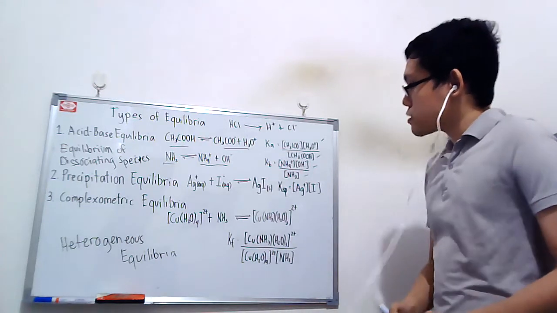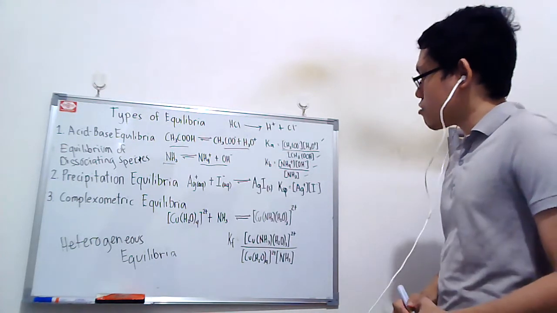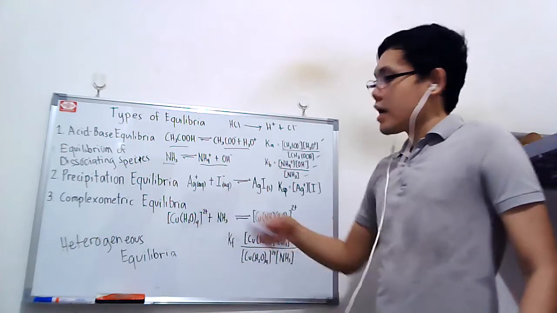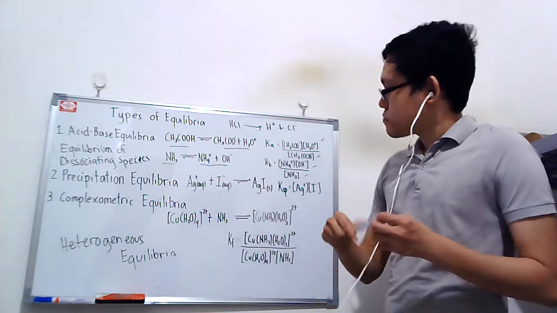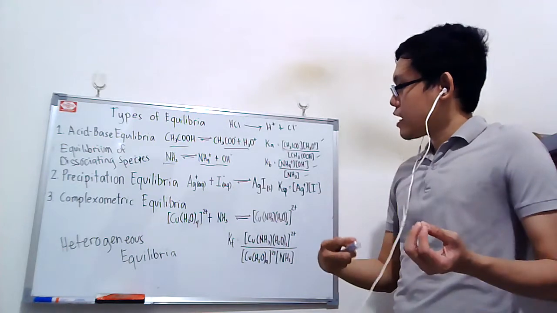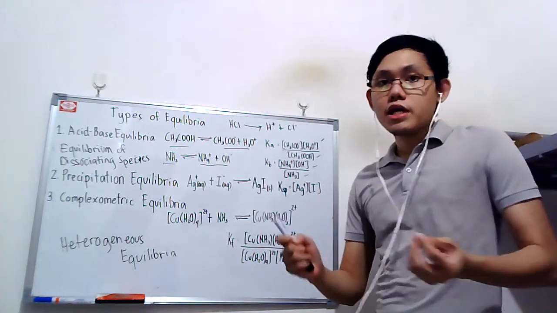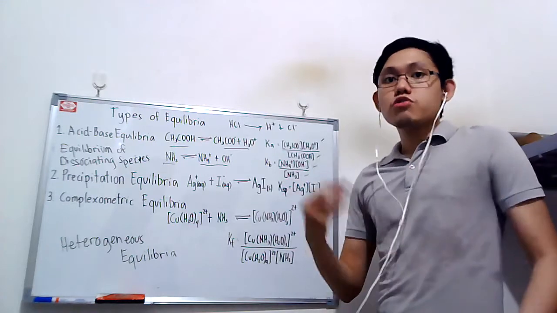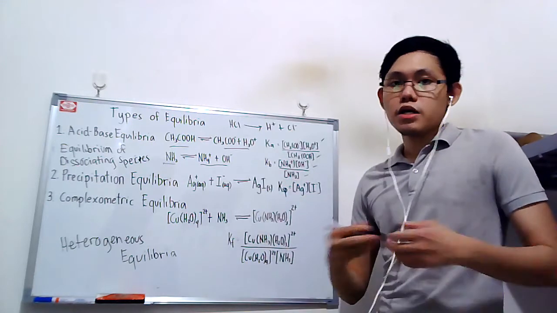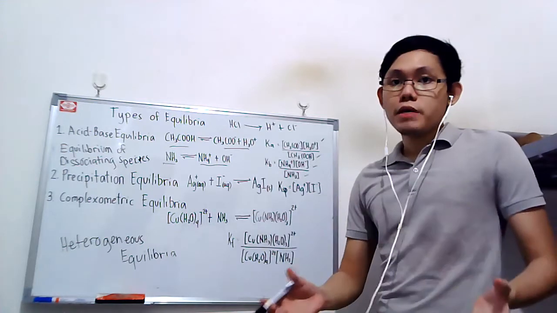So dito sa precipitation equilibria, ito na yung isa sa mga type ng reaction na magkakaroon na ng effect yung mole ratios ng iyong participating ions.